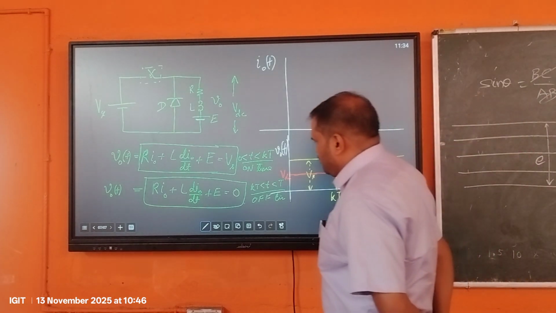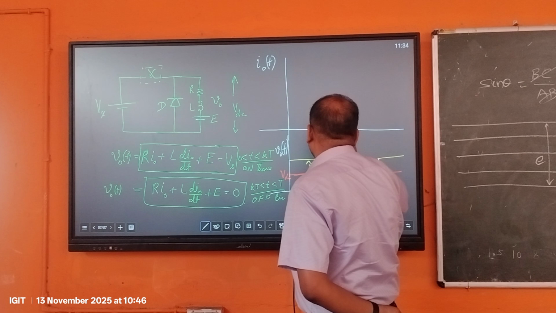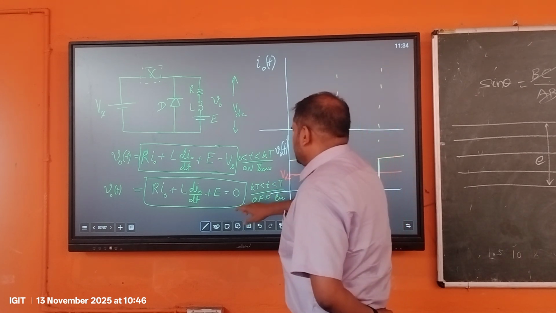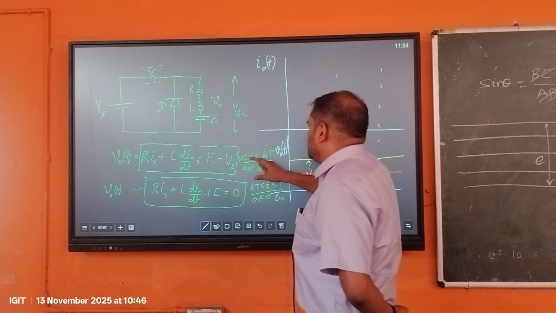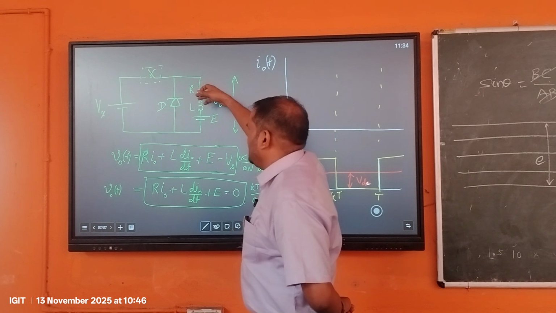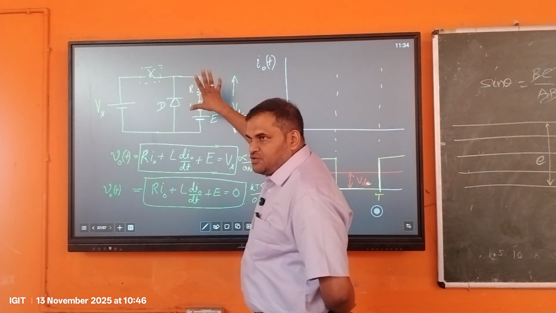How will the output current look? To get the output current, let us extend this dotted line. When the switch is on, obviously the current will rise because Vs is connected across R and L, and L is an inductor.